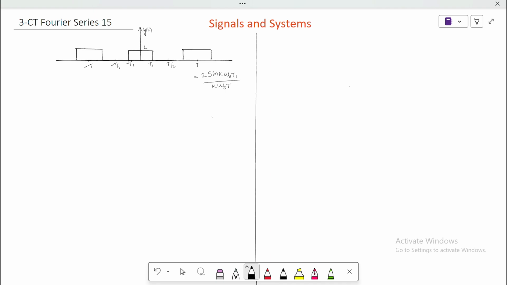Next I am drawing the derivative of g of t.